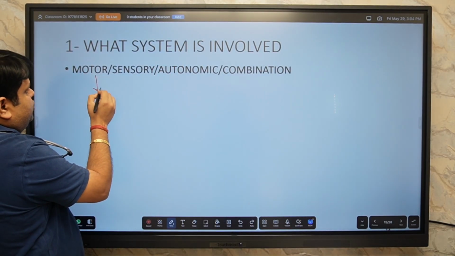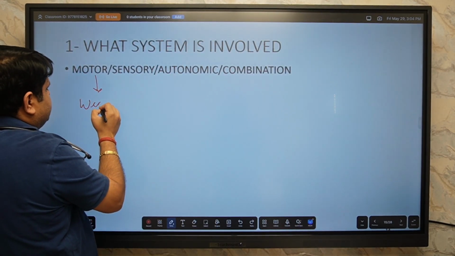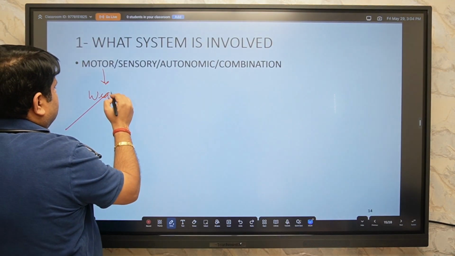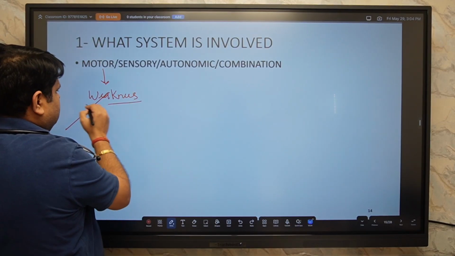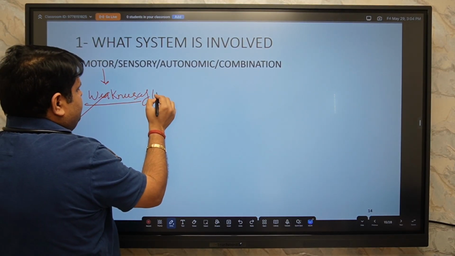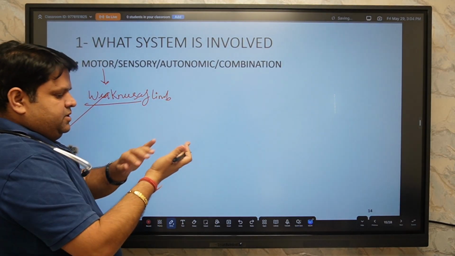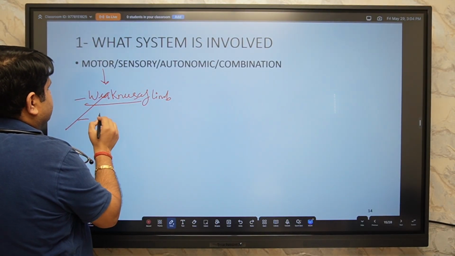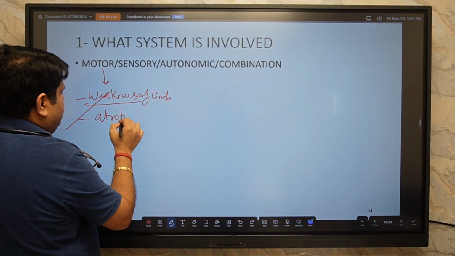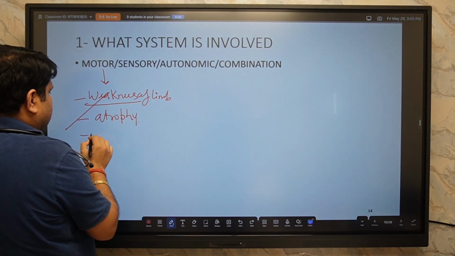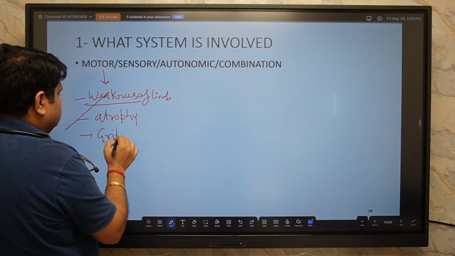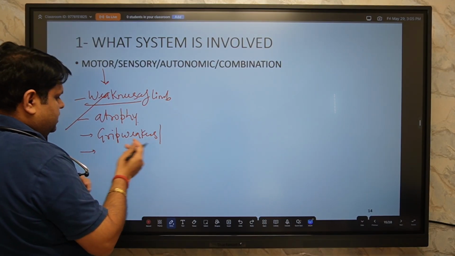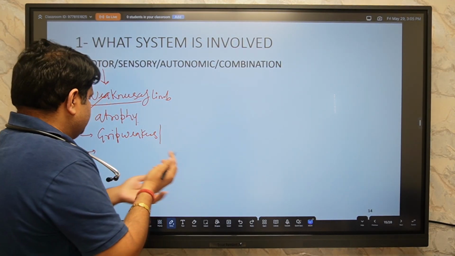If it is motor, then the symptoms are weakness of the limb, or weakness of a particular group of muscles, that may be weakness of the thumb or weakness of the little finger, depending on the nerve. Other motor symptoms are atrophy, grip weakness, and slippage of the slipper may be there.